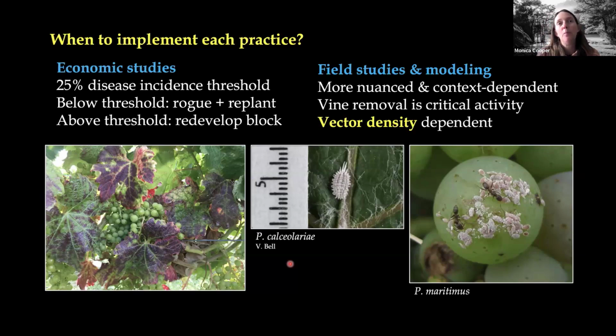It had been planted more than 50 years ago, and it was really important to the grower. It was really important to the fruit contract. And so they were reluctant to redevelop the entire block, even though they were above the 25% disease incidence threshold, because that block was so valuable to the wine program. So there's definitely some individual nuance that can go into that.